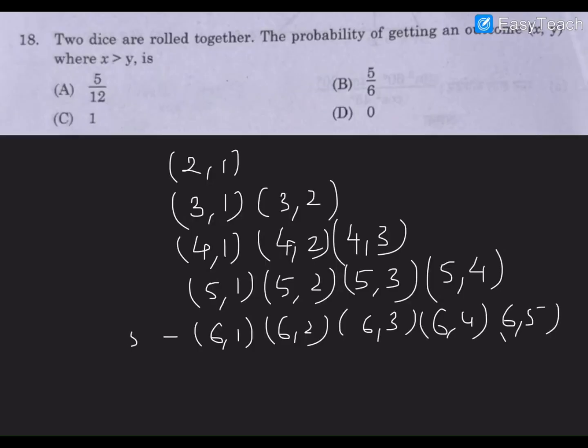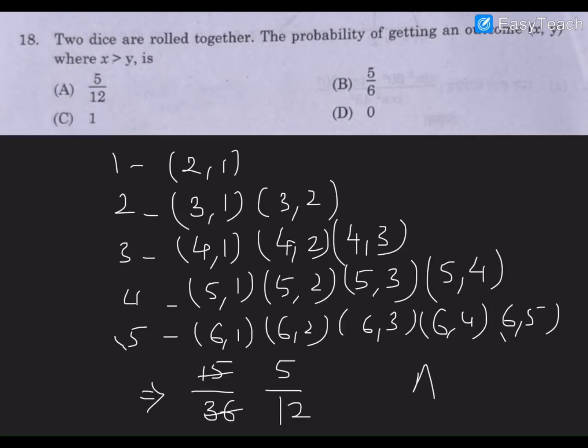So here 5, 4, 3, 2 and 1. When you add them, 9 plus 6, 15. So 15 out of 36, which is 5 by 12. So for question number 18, A is the correct answer.